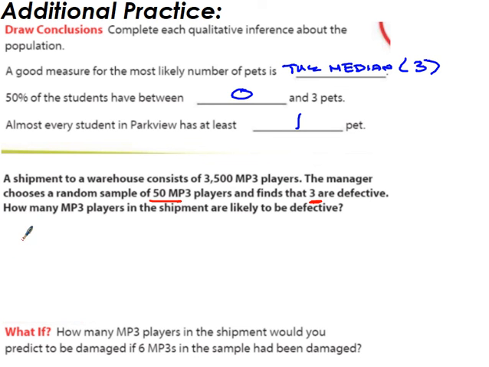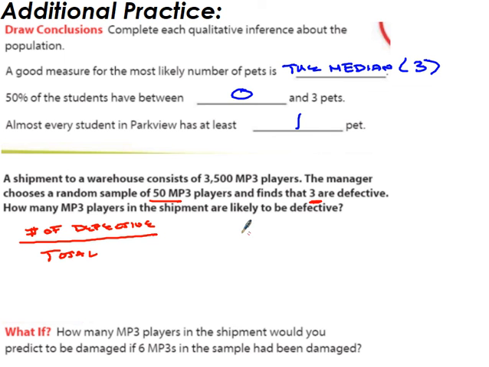So here's what we can do. We're going to write a ratio, number of defective over the total.